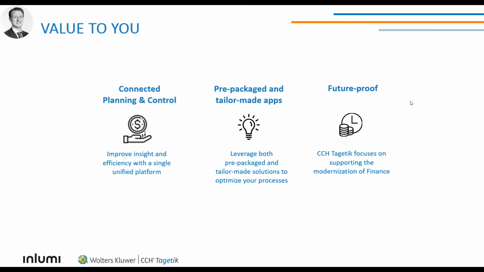What is also interesting to know is that the Analytic Information Hub supports both tailor-made solutions or apps for your specific planning process, but also has pre-packaged solutions, for example, around IFRS, but there will also be pre-packaged solutions around, for example, FTE or employee expense planning. So this is really interesting and also a powerful feature.